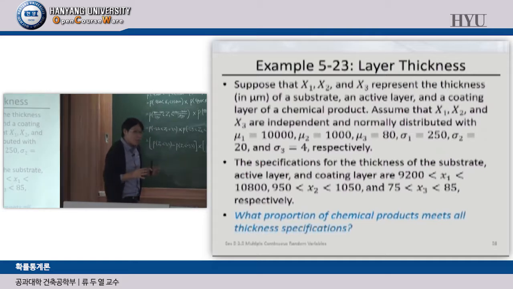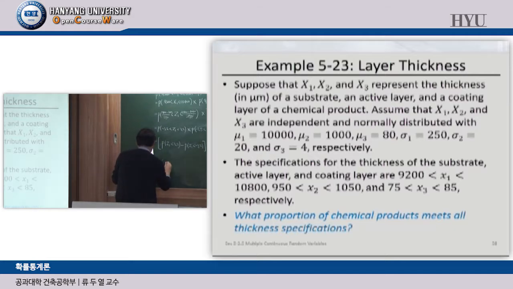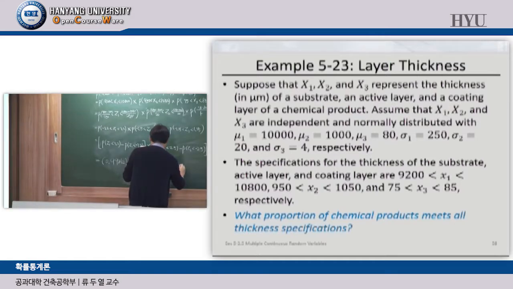Okay? So now we can simply use the appendix table, okay? And if you calculate this equation based on the appendix table, the answer is 0.99862 times 0.98758 times 0.7880, okay?